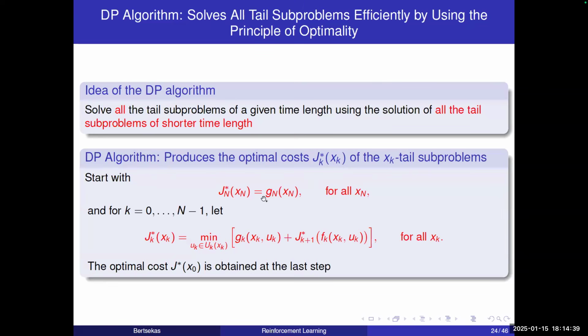We simply set it to the terminal cost Gn of xn for all xn. Then going backward in stage, starting with n minus 1, by this formula, we compute Jn minus 1 star of xn minus 1 for all possible x at stage n minus 1 and move backward in stages. Eventually, we get J0 star of x0, and the optimal cost J star of x0 is simply equal to J0 star of x0.